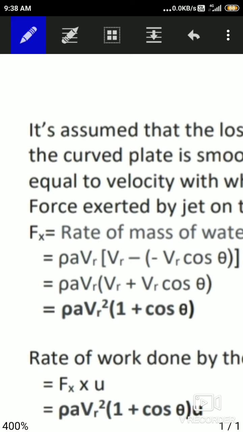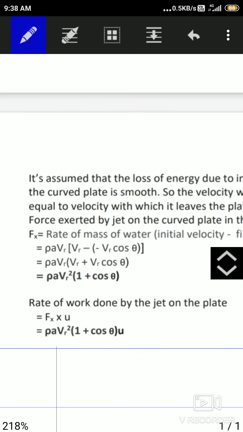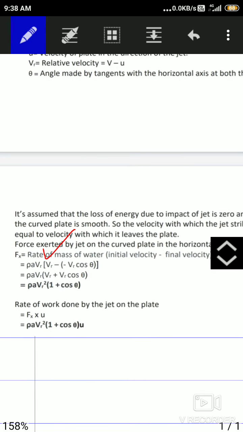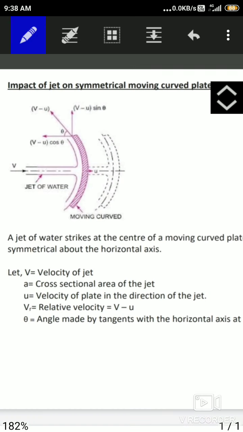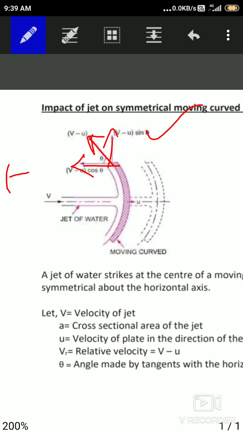So the expression for rate of mass becomes rho a vr, and initial velocity means the velocity at which the jet strikes the plate, that is vr. And for final velocity we have to find the component of v minus u. This is the velocity at which the jet leaves, but it can have two components: one is v minus u sin theta, and another is v minus u cos theta, and this will be negative because this direction is opposite to the initial direction.